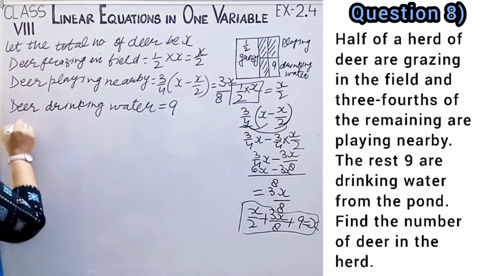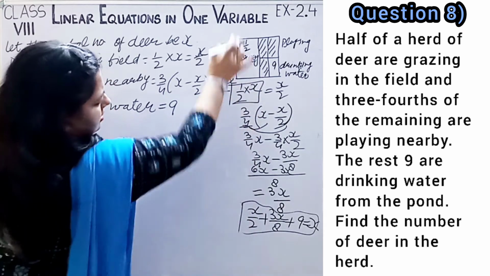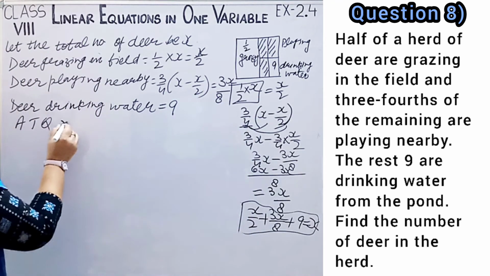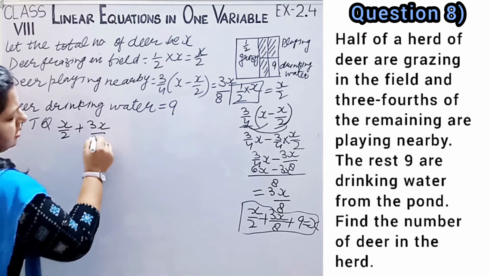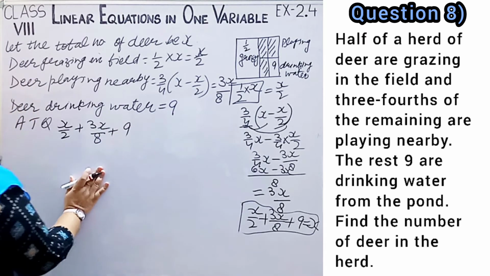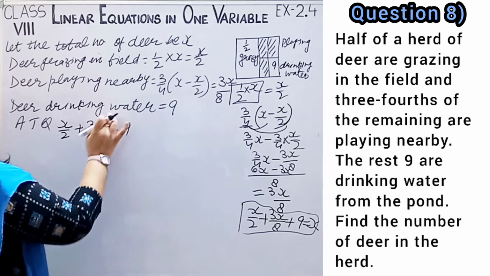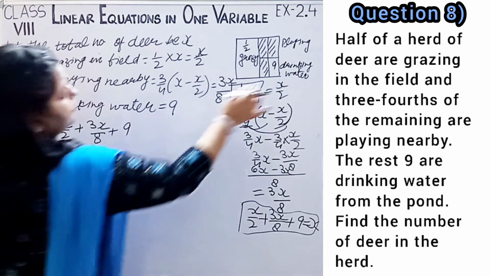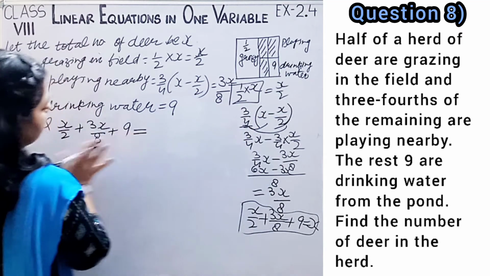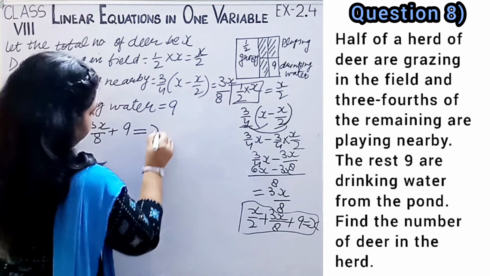According to our question, we got x by 2 plus 3x upon 8 plus 9. It means half grazing, 3x upon 8 playing, and 9 are drinking water. And total number of deer we have x.